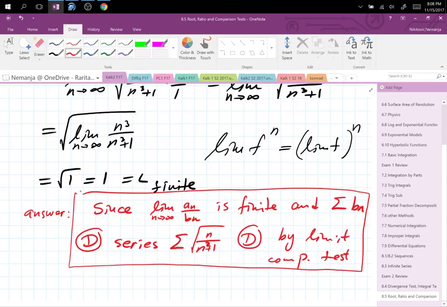Here's a whole bunch of other stuff. So yeah, 55. It goes like this. A ratio, I mean, like nothing. Root, comparison. I just look at it.